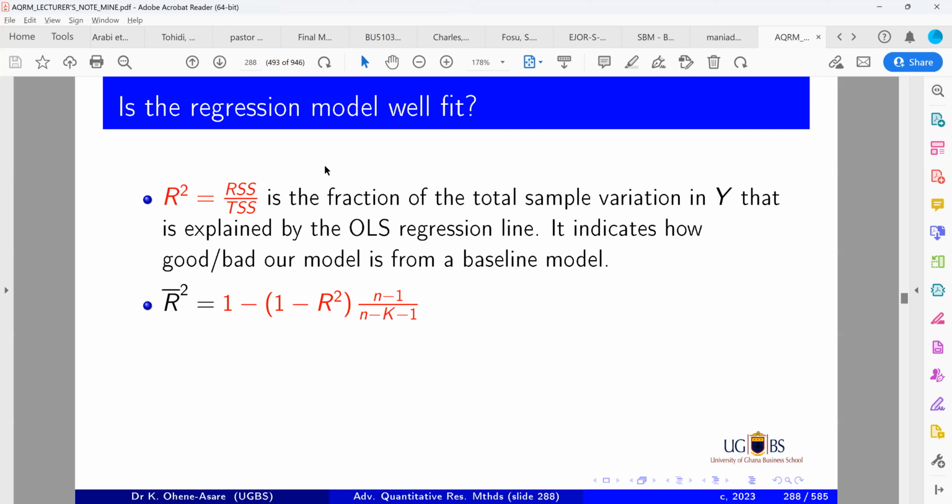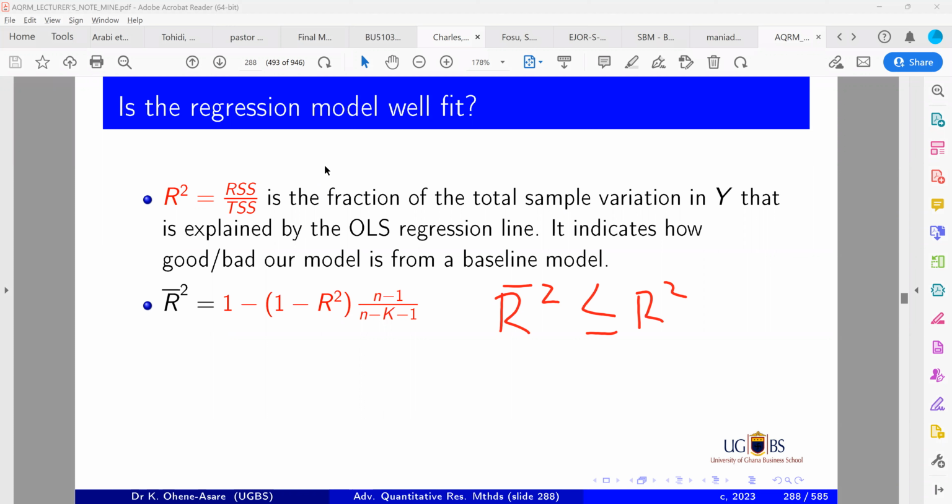The adjusted R square is always equal to the R square or less than that. Okay. So the adjusted R bar square is always less than or equal to the R square. When will it be equal? It will be equal to the R square when all the independent variables are relevant.